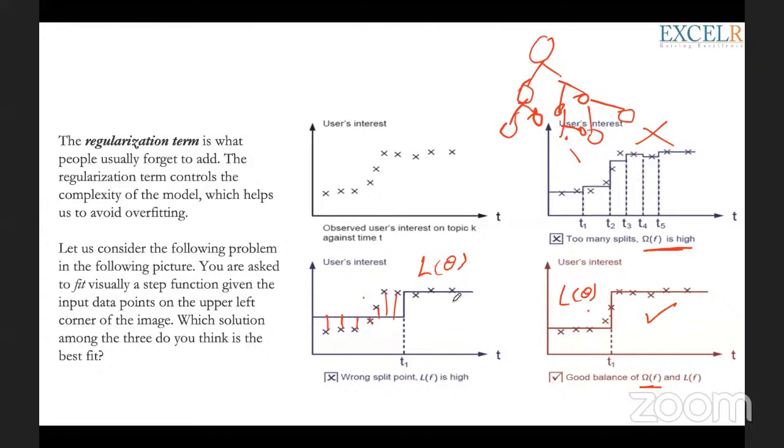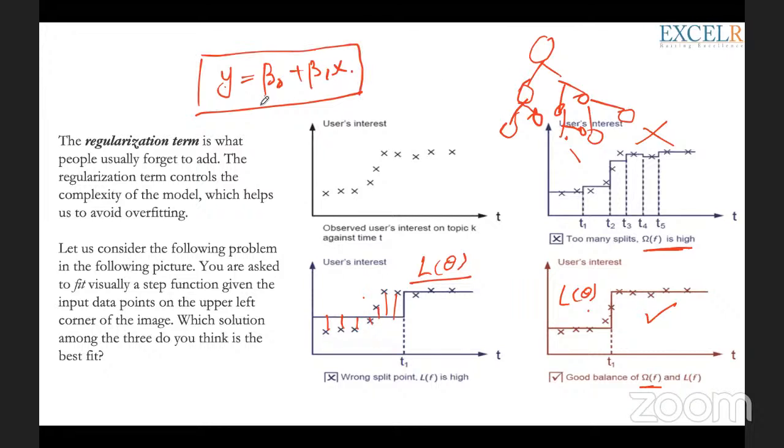Then what is so important here? The important thing is, if you use only the loss function to identify the best parameters, see, when we build a model, y is equal to beta naught plus beta 1 x. This is what the linear regression equation is. If you focus only on the error, yi minus yi hat, probably you might get the best one, but we do not know whether that model is overfit or not. So which one gives us the idea of the overfit?